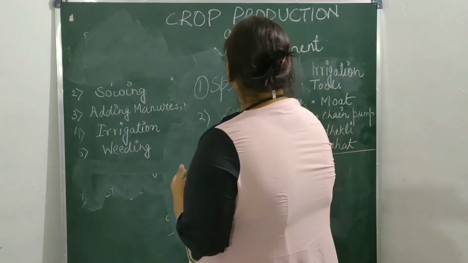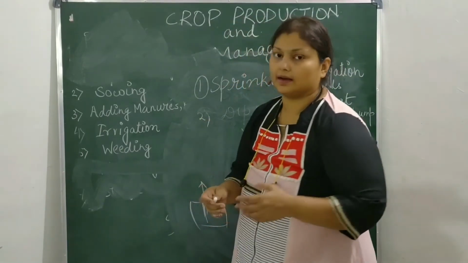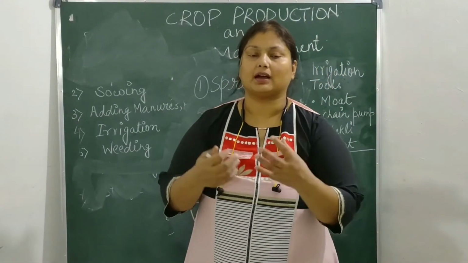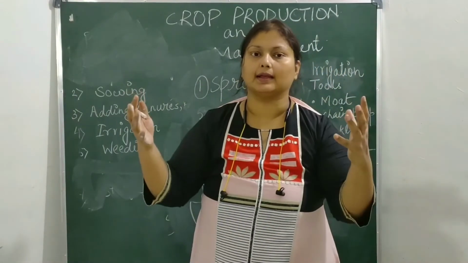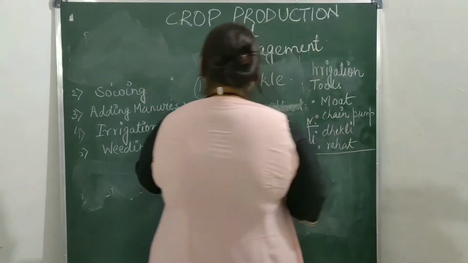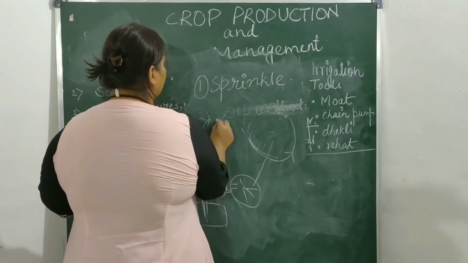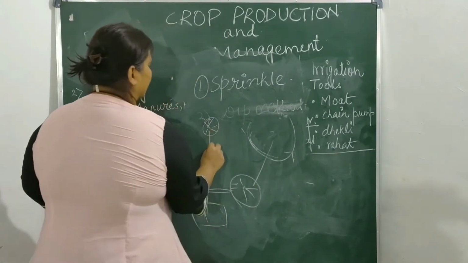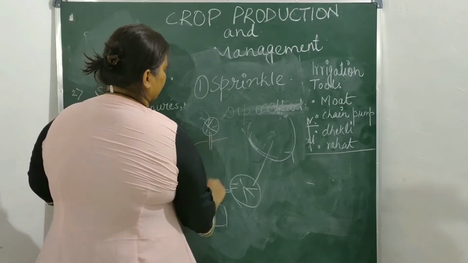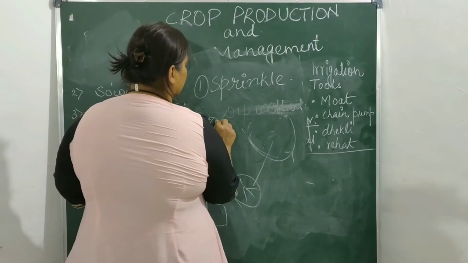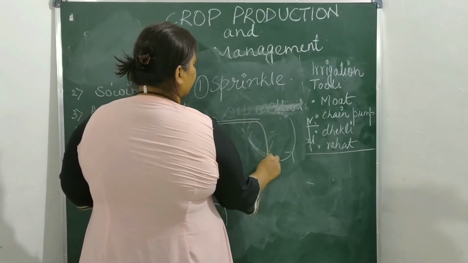A sprinkle method is a new technique used by the farmer, where a fountain-like thing is happening in the field. A motor is joined here, for example, which takes out the water from the well or any water resource, and a long pipe is joined to it.